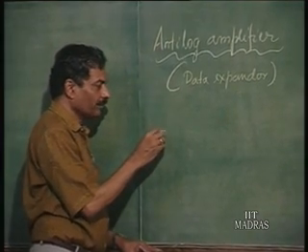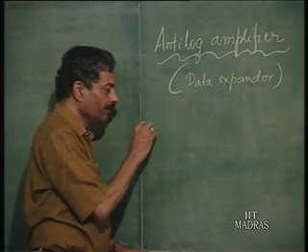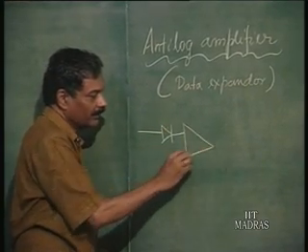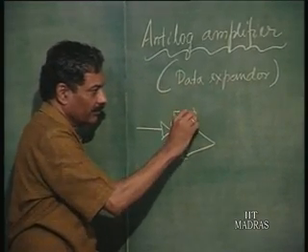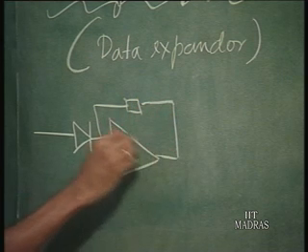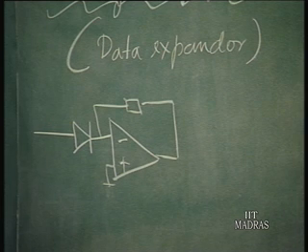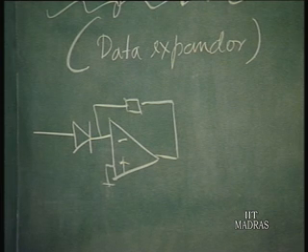Now, what is anti-log operation? It is enough if you now interchange the position of the diode and the resistor in the op amp setup. This is always the case. If you perform, let us say, squaring using op amp in one manner, the square rooting can be done by merely interchanging the element that has been used for squaring, and the resistor.